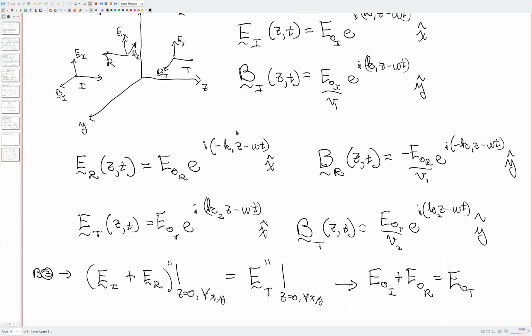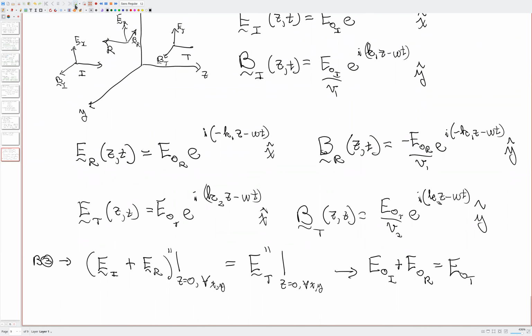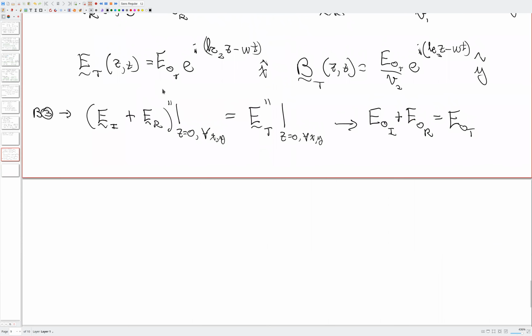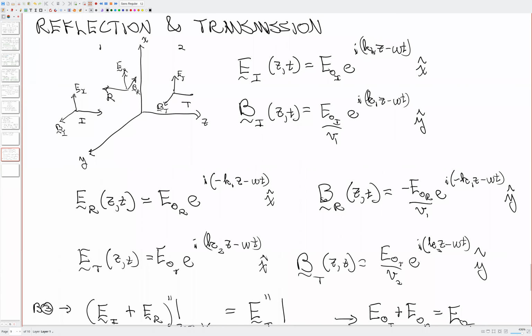You had a question, maybe you were wondering. So look, maybe let's do this. Here, let's use our replacements. So the incident at Z is equal to 0. If I write it in detail, I'm evaluating the incident at Z is equal to 0. So you see this K1Z disappears.